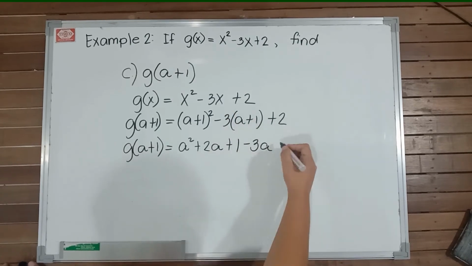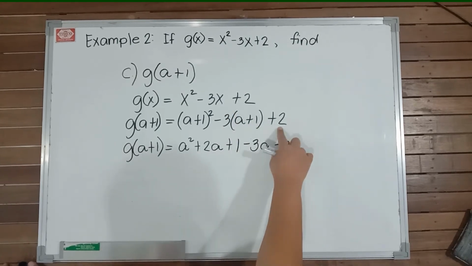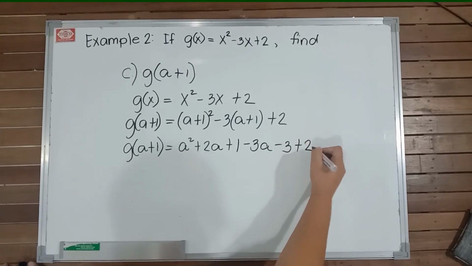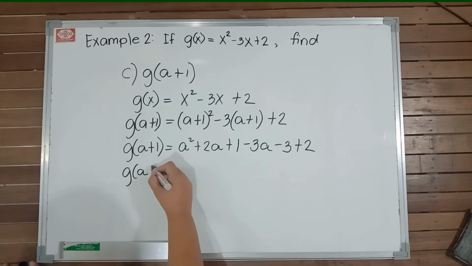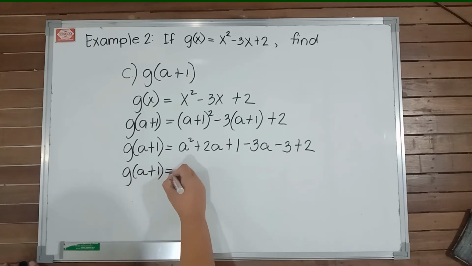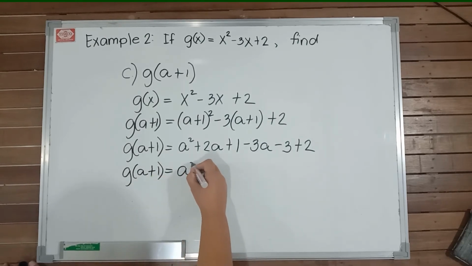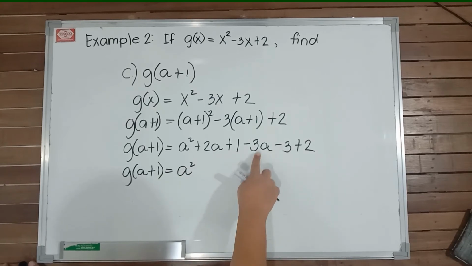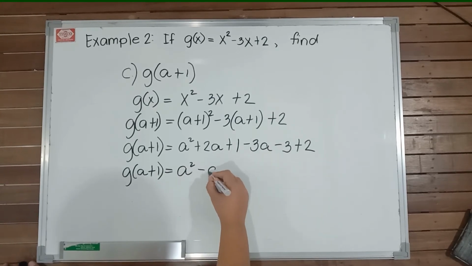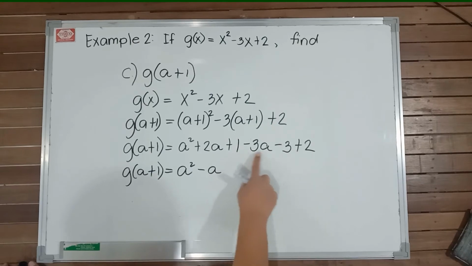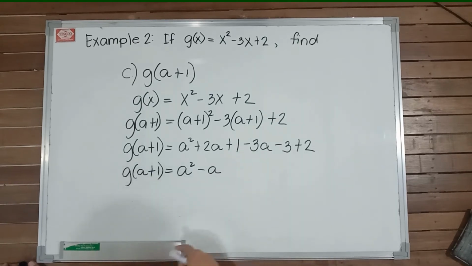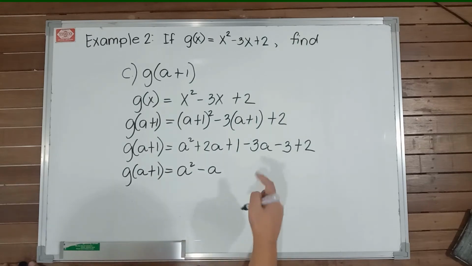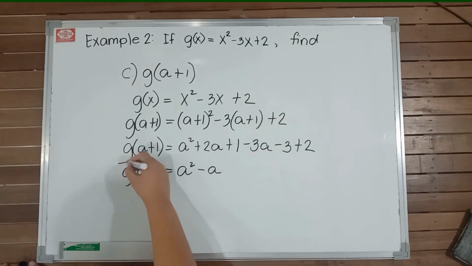Negative 3 times 1 is negative 3 plus 2. g of a plus 1 is equal to, rewrite a squared. We combine like terms. 2a minus 3a is negative a. Positive 1 minus 3 is negative 2 plus 2 is 0. So the final answer is g of a plus 1 is equal to a squared minus a.